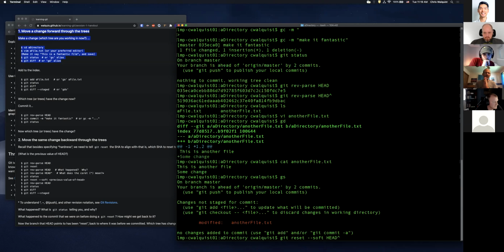I don't want my index and my workspace to change. I'm going to just pull the head back and leave everything in the index that's still there. Because remember, if head and index are lined up, it doesn't mean there's nothing in the index. It just means that they're in sync. They have the exact same content on them. So now I'm going to pull the head back and leave that content kind of exposed like it was before, with respect to being changed.